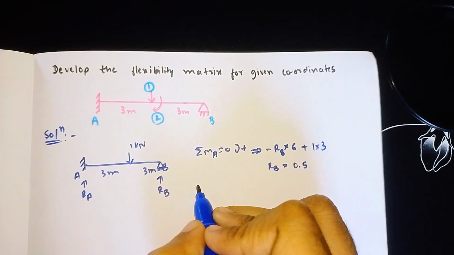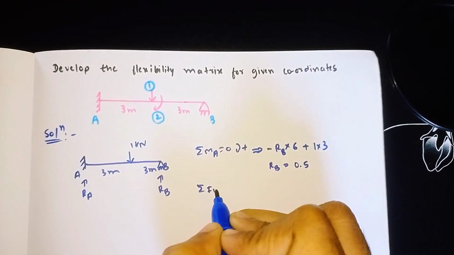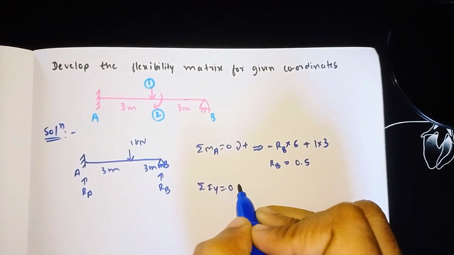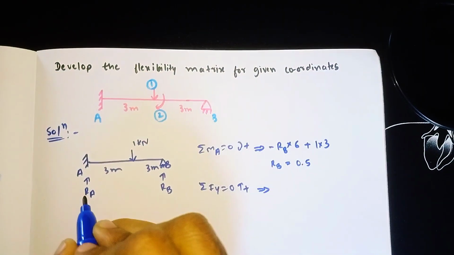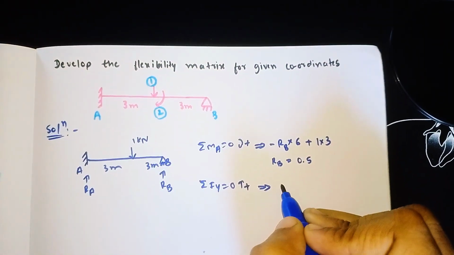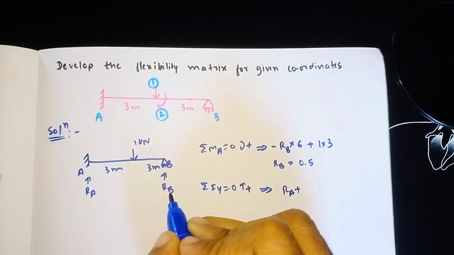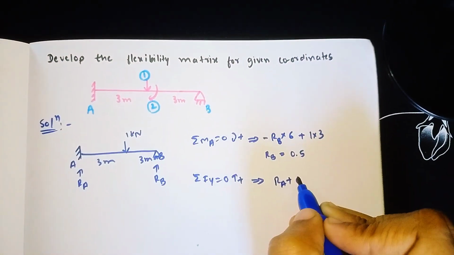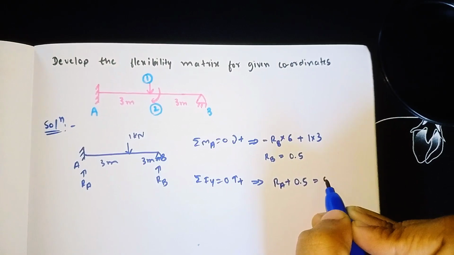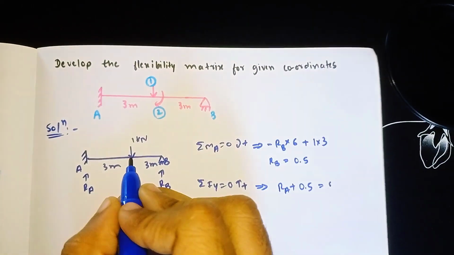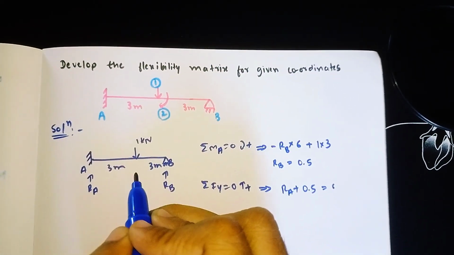So it is positive. So now similarly, summation of all the vertical forces is equal to 0. Upward we need to take as positive. Here RA and RB are moving upward. So RA plus RB, the value we got was 0.5. Put that value. And here one more, the unit load of 1 kilonewton is acting.